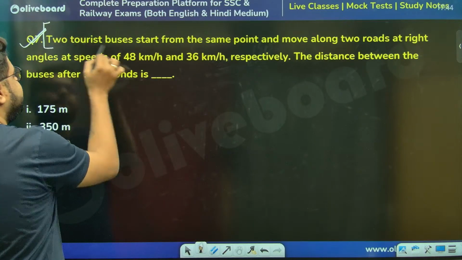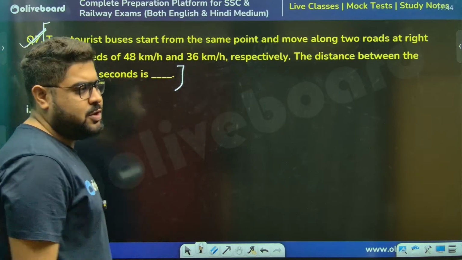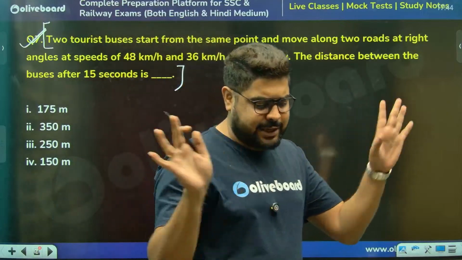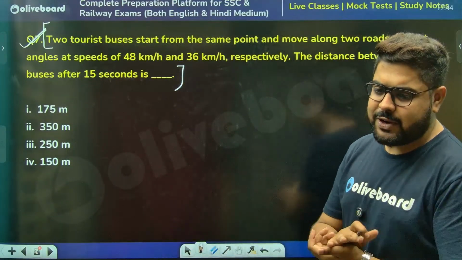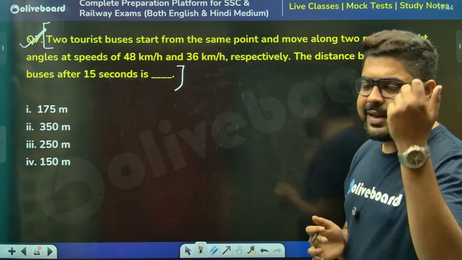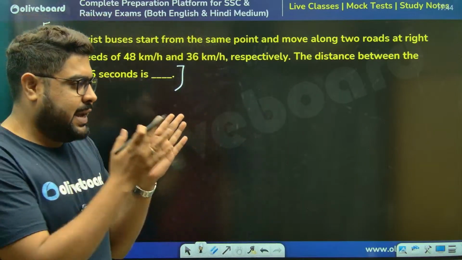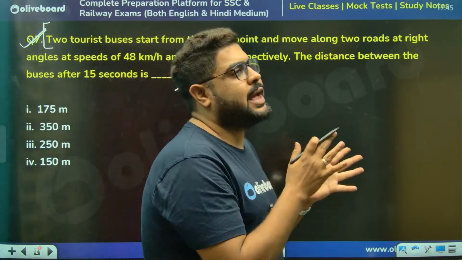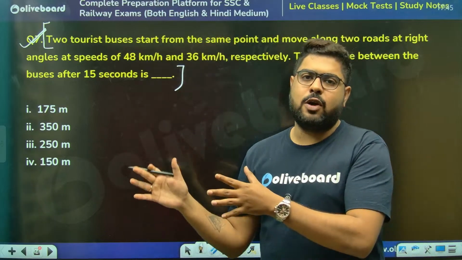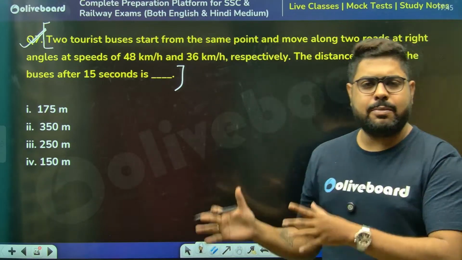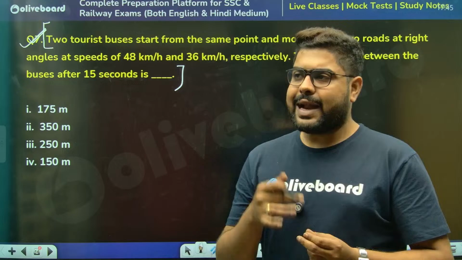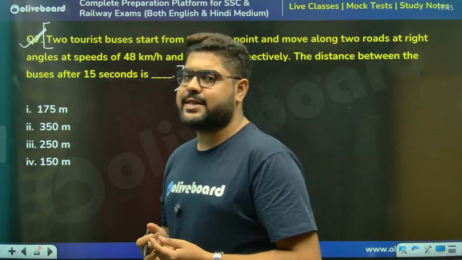Dekho bhai, let me say one thing very bluntly. We all get paid. No teacher works for free. Nobody in the world works for free. You get selected in CGL, you will work for free? No, right? But there are certain things very far from the monetary side, and for a teacher that is satisfaction.